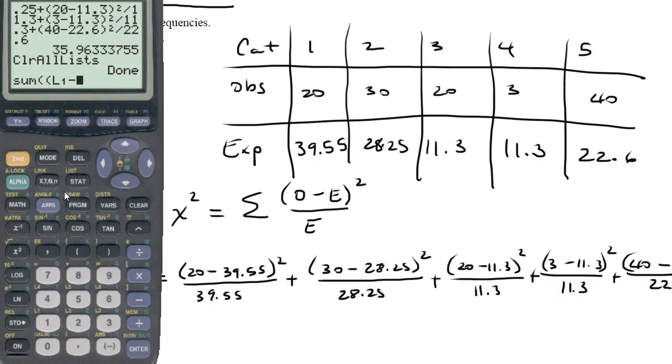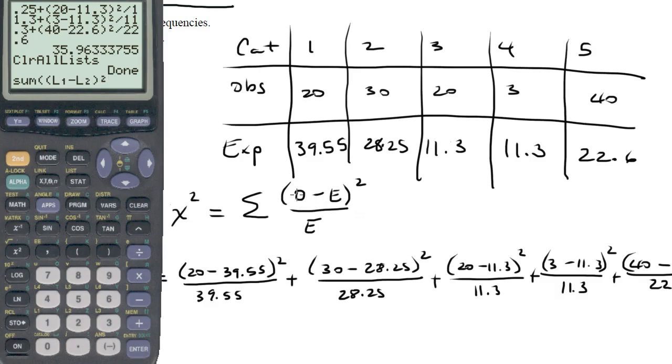Minus, list again, or you don't necessarily have to go to list. You see here, L1, L2, L3, L4, L5, L6. It's a short way to get there. So I can even go second L2, squared.